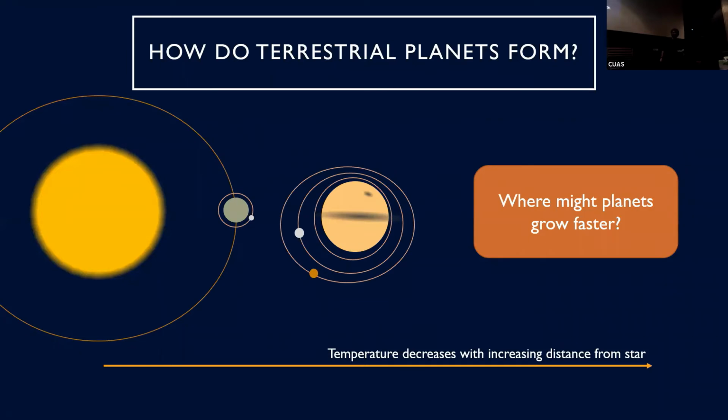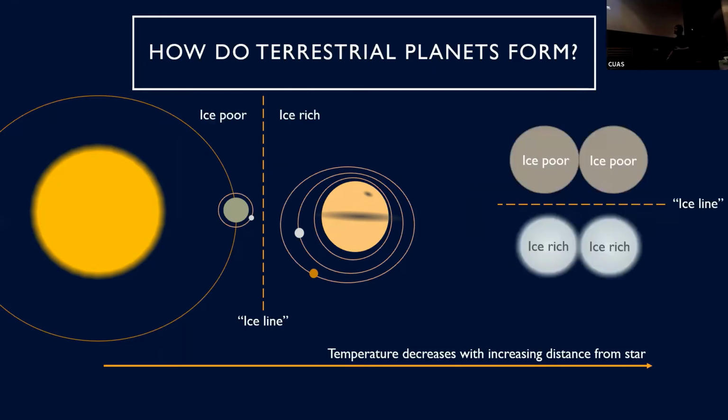Okay, interesting. So what I'm going to talk about is the ice line. The ice line I've just set is somewhere in here. It's a region that broadly separates where terrestrial planets are going to form, which are predominantly rocky bodies, and where giant planets are going to form, which are predominantly gassy bodies. Within the ice line everything is ice poor, and the reason is that water and ice inside this region can't actually exist in a solid form.